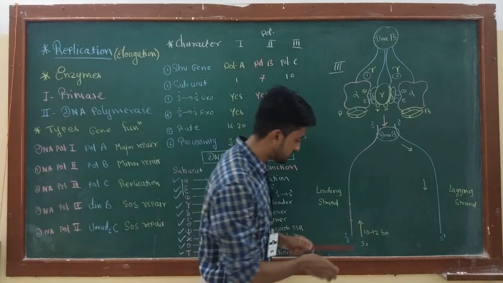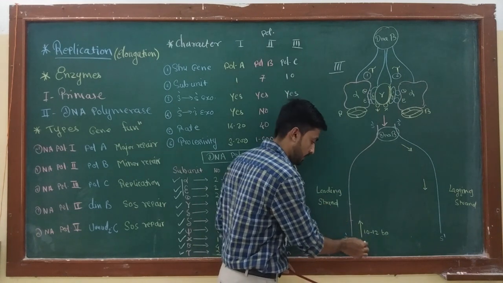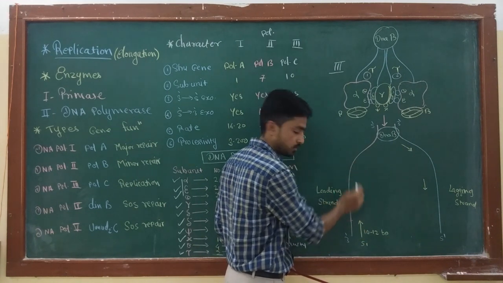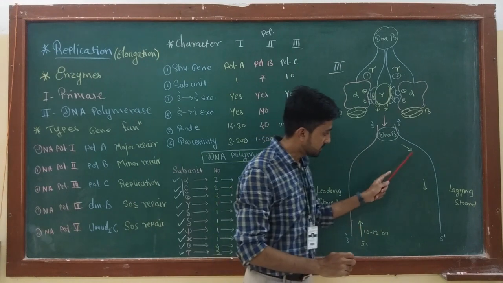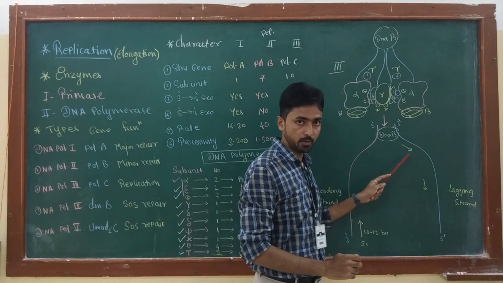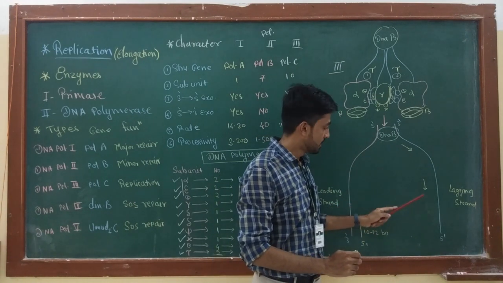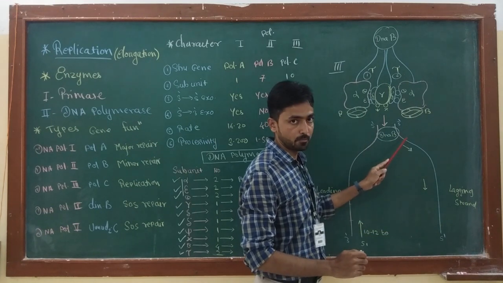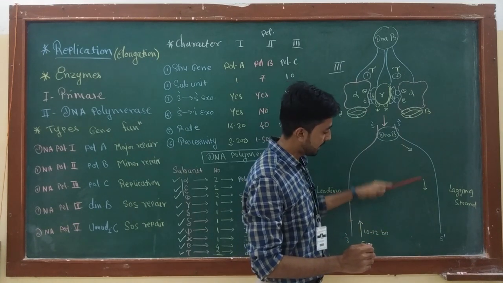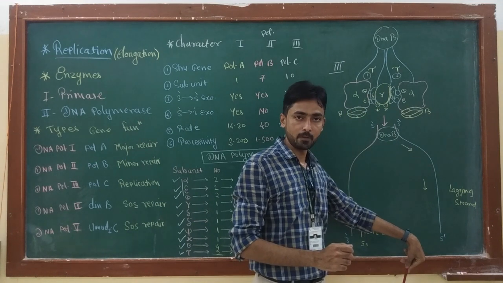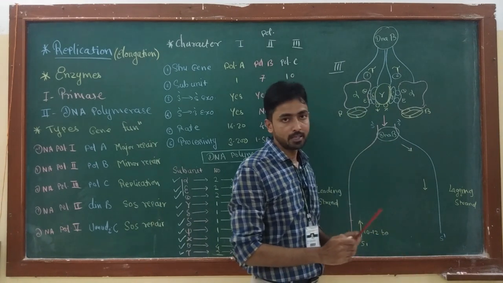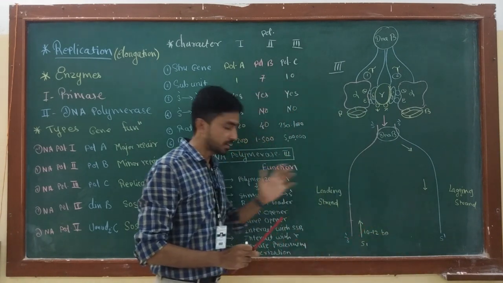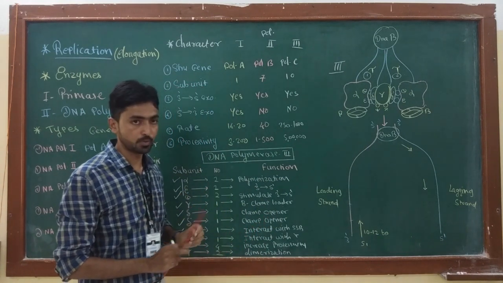In one strand, the leading strand, the new strand direction is 5 prime to 3 prime. That is okay, but on the lagging strand, the direction is opposite, 3 prime to 5 prime. So DNA polymerase cannot synthesize the lagging strand in this direction. So the polymerase has to synthesize the lagging strand in the opposite direction. This is the major issue in elongation. To solve that, we have to see the later half of this video carefully.